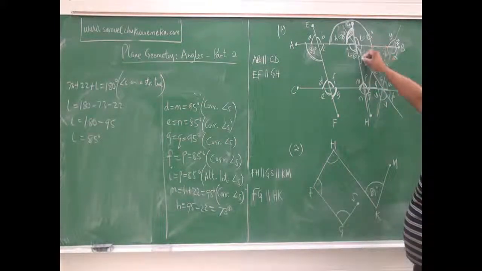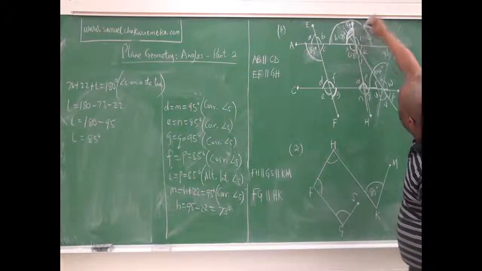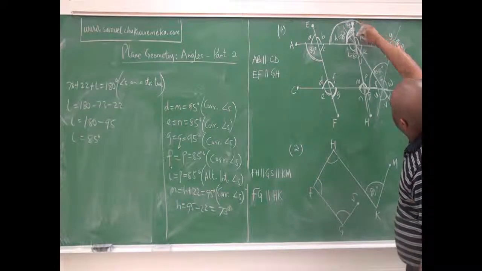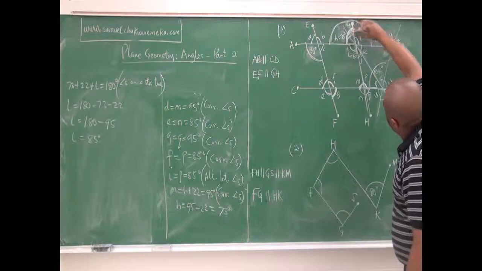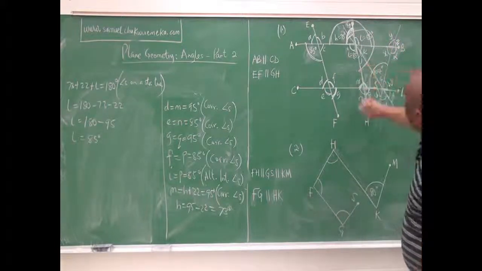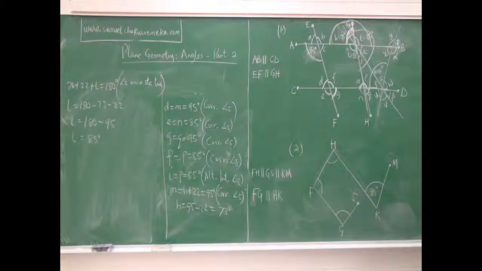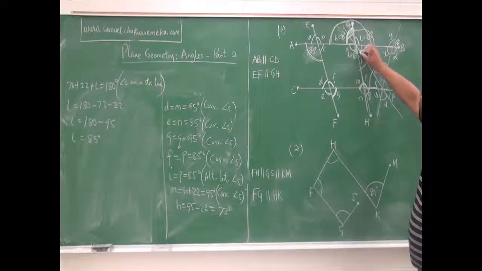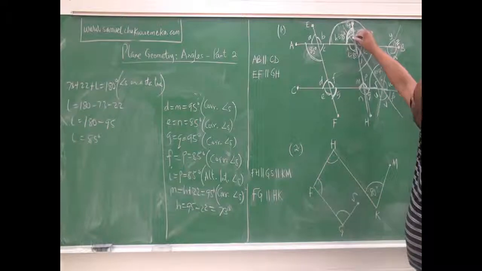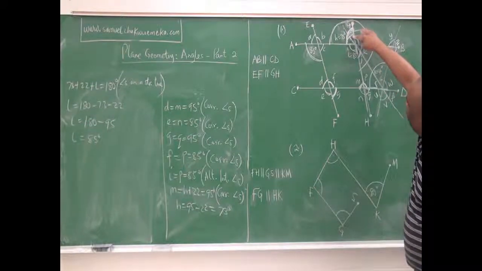Okay, now we see that this is also a straight line here. L plus K plus J. Now, but before we do that, we don't know what J is. So what is J? We see that there's 22 here, right?